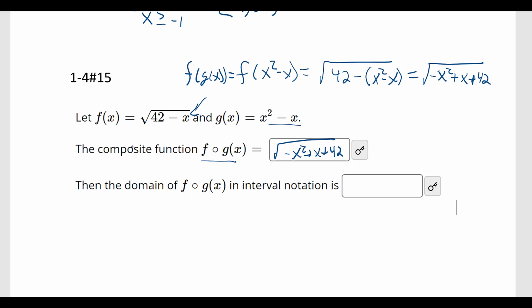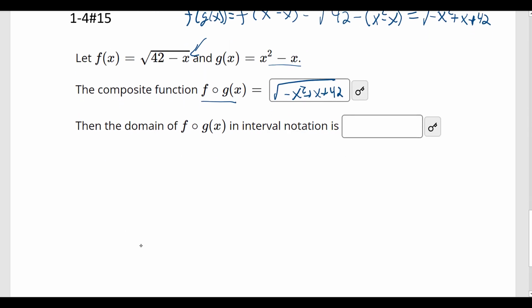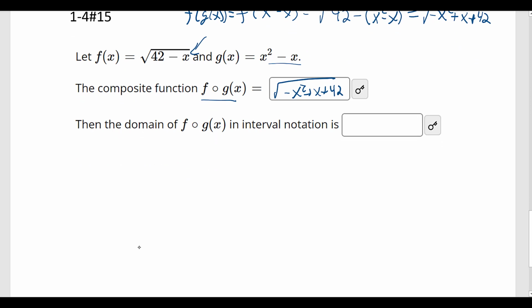Now the next part is where it gets a little more interesting than the others, because we have this negative x squared plus x plus 42 needs to be greater than or equal to 0. And for me, I find it easier to deal with this if I multiply both sides by negative 1 to have a positive leading coefficient on my squared term, on my quadratic.